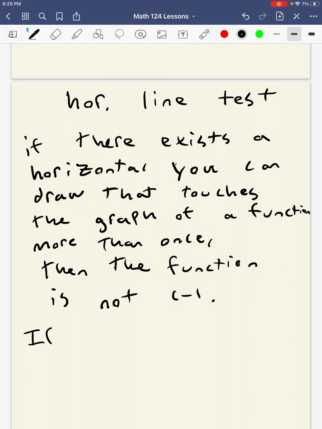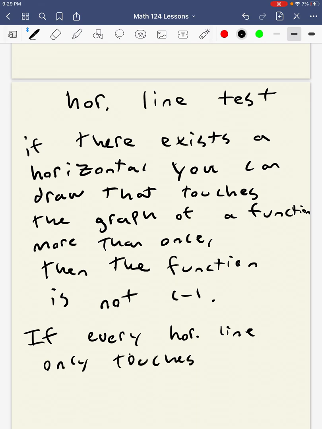On the other hand, if every horizontal line you draw only touches the graph once, then it is 1 to 1.